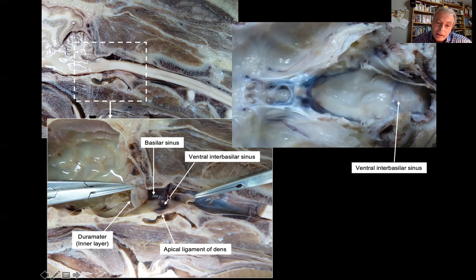And at this level, caudal to the occipital bone, there is the ventral interbasilar sinus. This is for you to remember when you do surgery at this site.